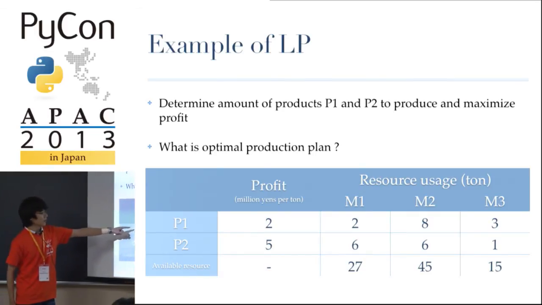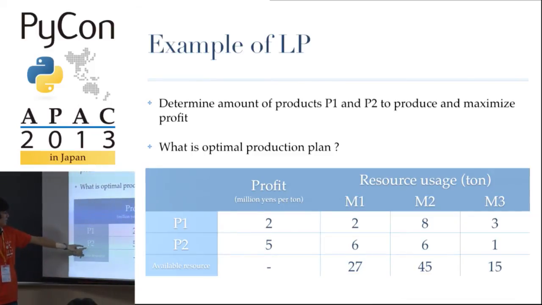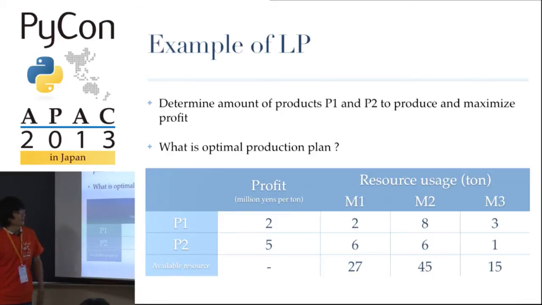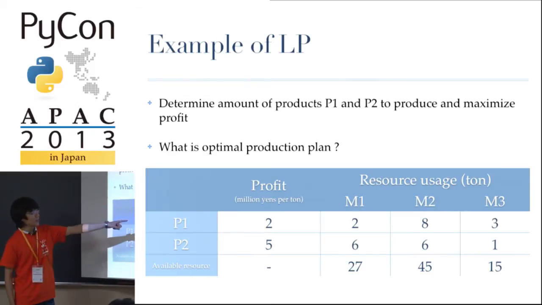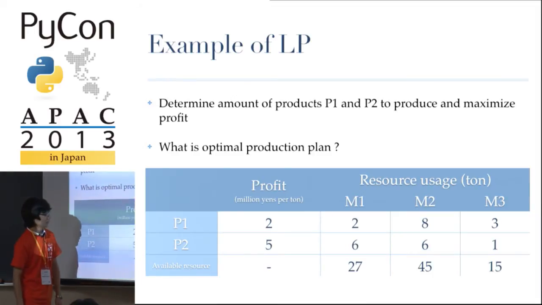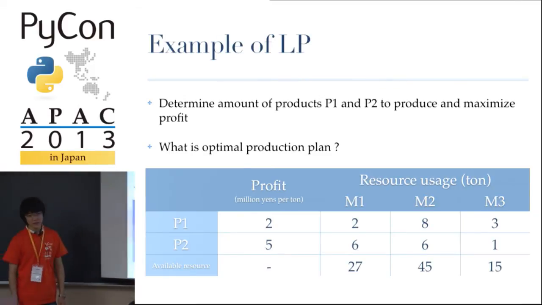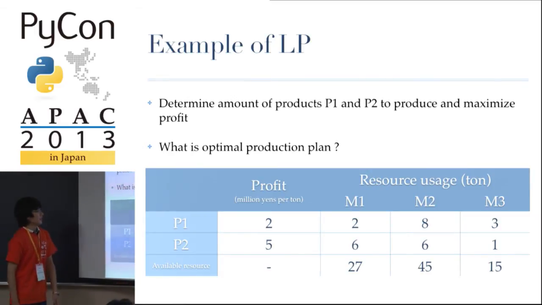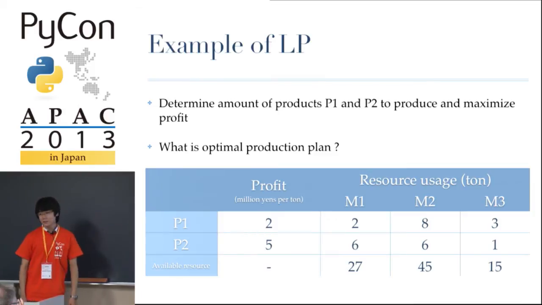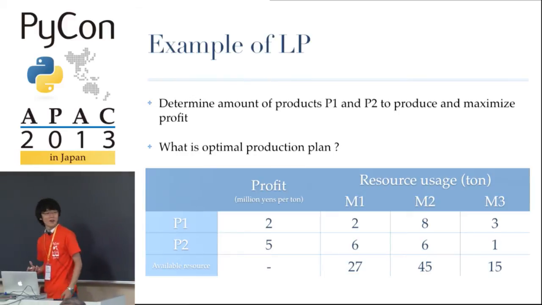Producing 1 ton of P1 makes 2 million yen, and P2 makes 5 million yen. These products are made from 3 materials, and this resource consumption is in this table. But we have limited resources. Then, what is the optimal production plan to maximize profit? We want to get more money.